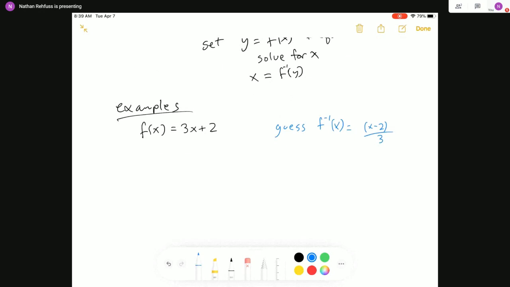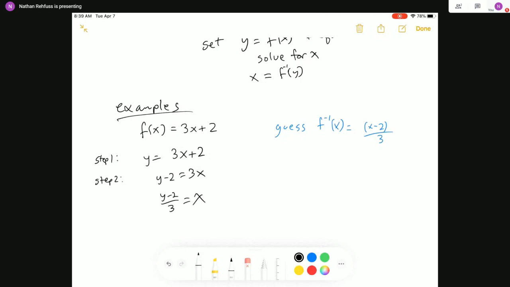Let's see if the algebra holds up. So step 1, I'm going to set y equal to the equation for f of x. Step 2, I'm going to solve for x. So I subtract 2 from both sides, divide by 3.